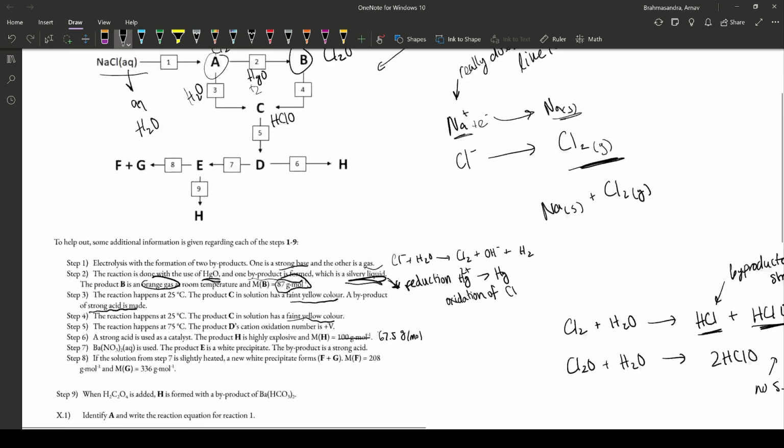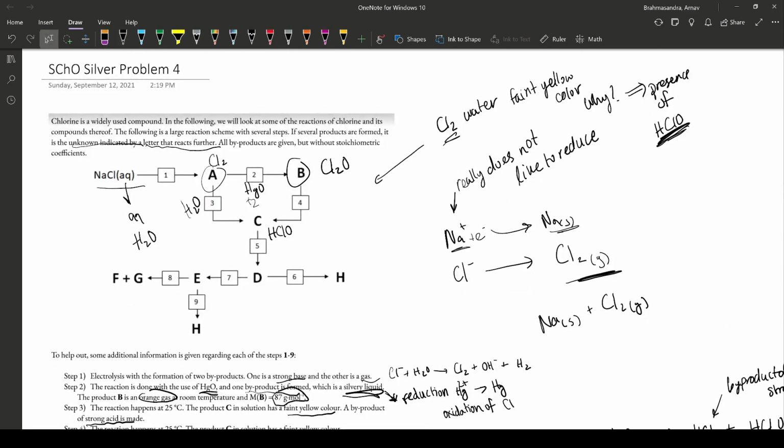And so you don't want to oxidize it all the way right away. If we want something that has a decently high oxidation state, from chlorine gas we go from a 0 oxidation state to a +1 oxidation state with HClO.